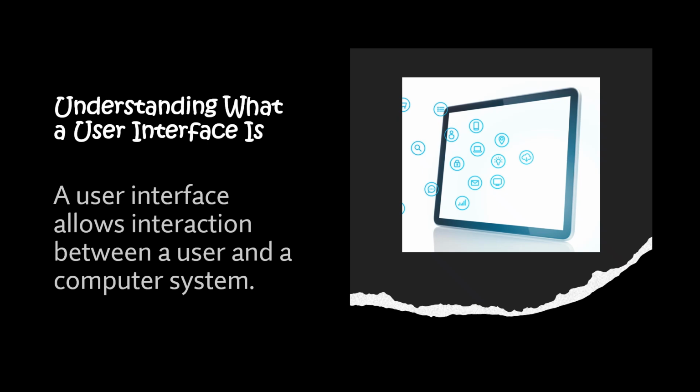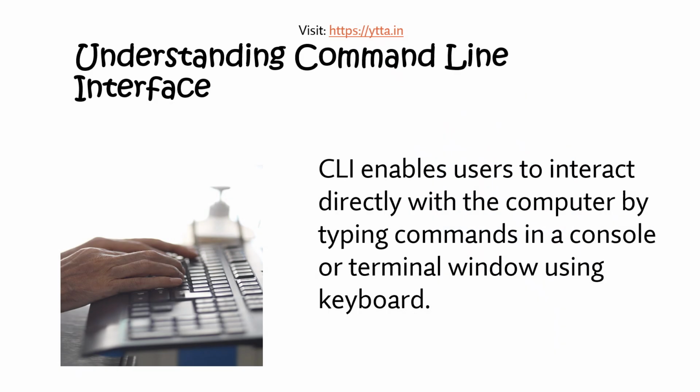There are two types of user interfaces. First, CLI, also known as command line interface, and second, GUI, which is known as graphical user interface. A command line interface (CLI) allows the user to interact with the computer by typing commands into a console or terminal. Let me show you how you can view CLI in Windows also.